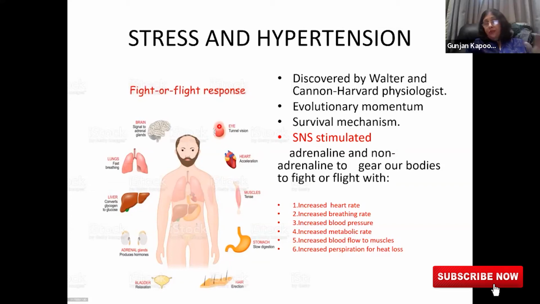Your pupils become tunnel vision because to save yourself you should be able to see well. You start breathing faster. So this whole cascade happens as a response to a perceived threat.